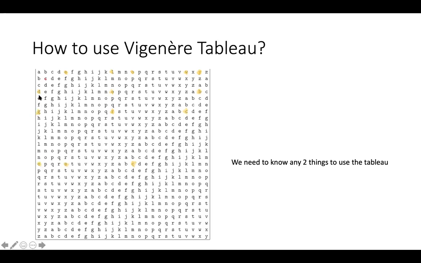Once we know what is on the keyword, and once we know the ciphertext, we could find out the intersection, and we could then determine the plaintext by using the intersection. So this is a way to solve the Vigenère cipher by using the Vigenère tableau. By knowing 2 variables, the keyword and the ciphertext, we can determine the plaintext.